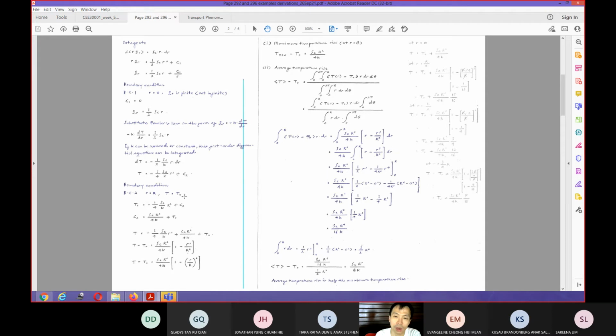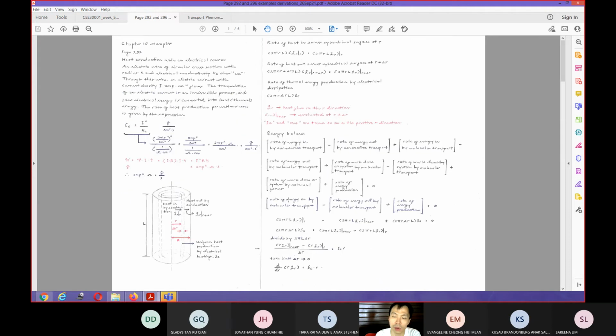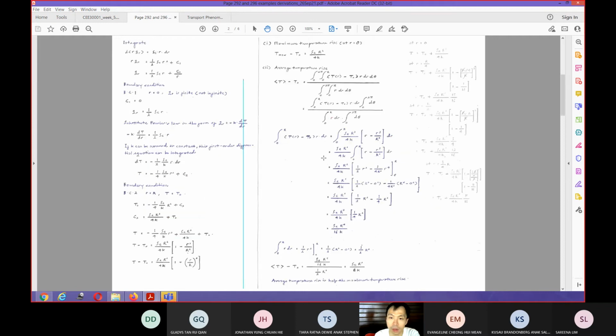Then you have another boundary condition. Your other boundary condition is that at R equals R, your temperature is equal to T0. So you are talking about the outer circumference of your cable, right? Once you get that, then you find that your C2 is equal to this. Once you put it in, your temperature will be equal to this term in here.